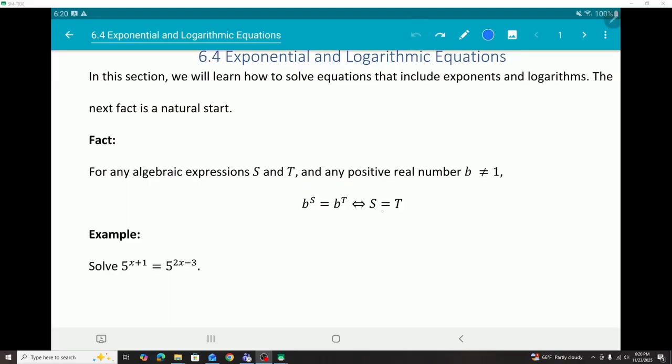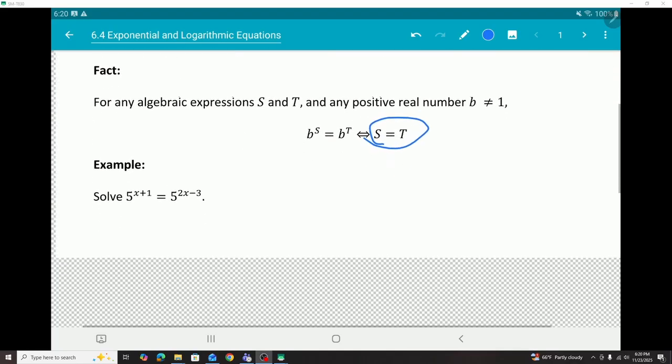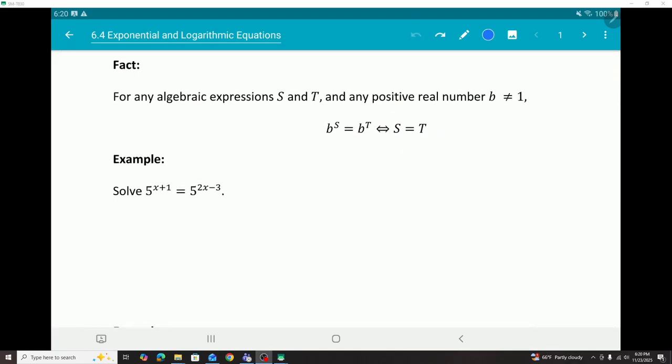What happens is their powers have to be equal. So for example, if 5 to the x plus 1 equals 5 to the 2x minus 3, then you can conclude that x plus 1 equals 2x minus 3. So this happens because the exponential function is 1 to 1. If I have the same outputs, s is in the power, t is in the power, and I get the same number, then actually I must have had the same power to begin with.